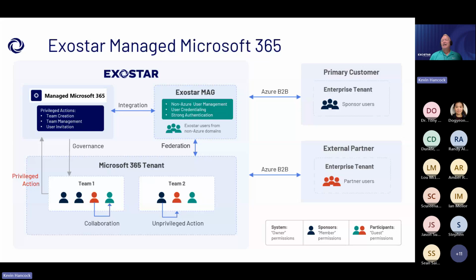This credentialing that Exostar does is both at the organization level. So Exostar ensures that organizations invited into the community aren't on a denied parties list. We also then ensure the individuals that are invited are proofed, and you can dial up that proofing in a number of different ways.